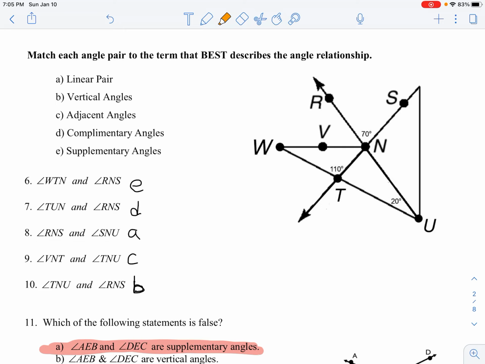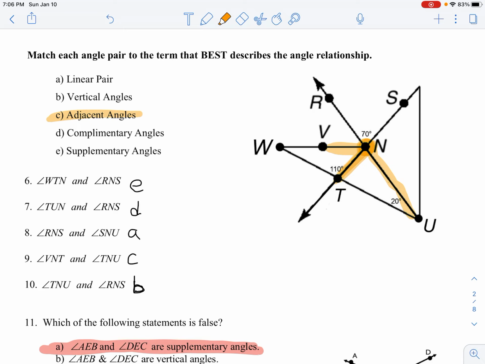Next one, VNT, right there, and TNU. Well, as you can see, they're not a linear pair because they're not making a straight line, but they are still sharing a side and a vertex. Remember that vertex is right here. They're sharing that vertex. That means that they are adjacent angles.